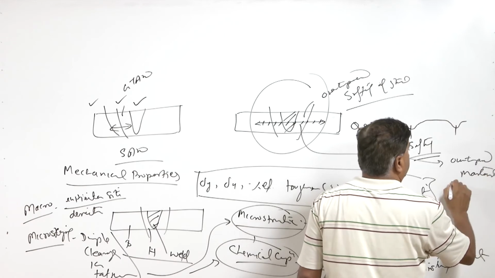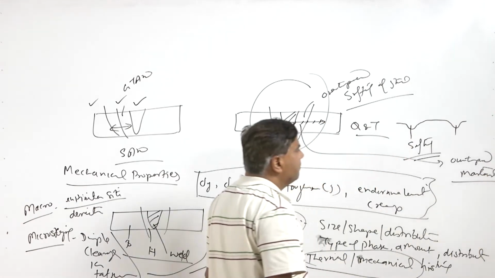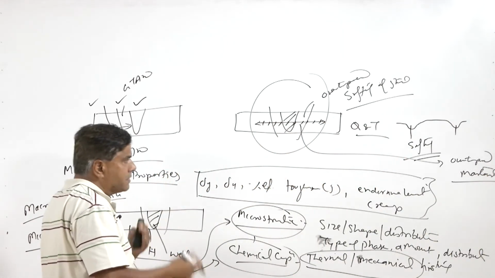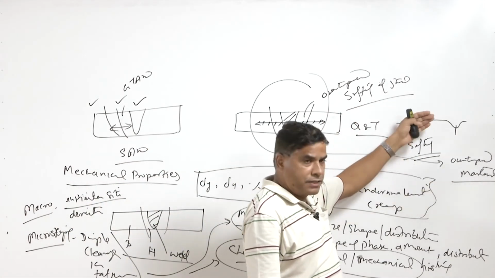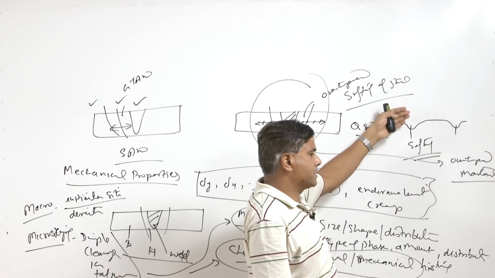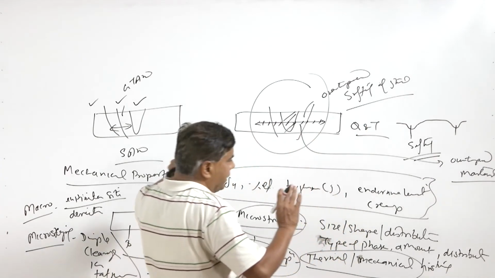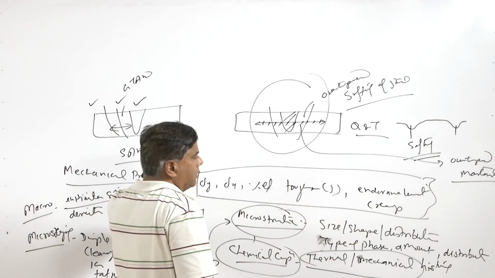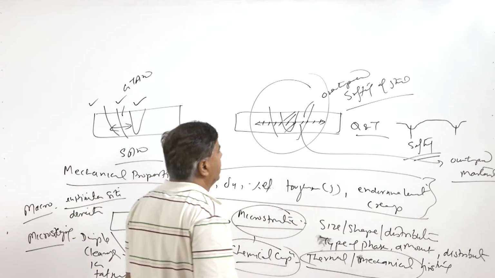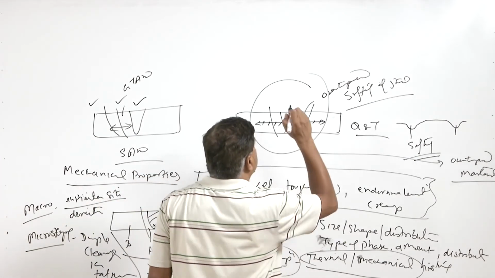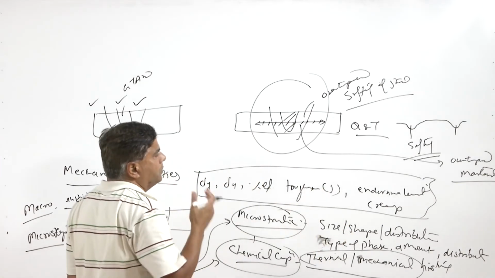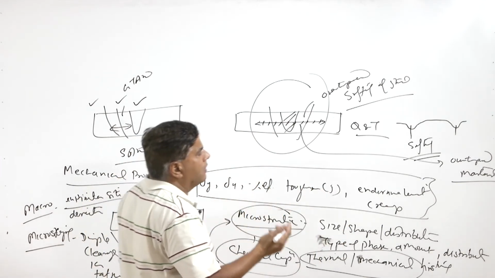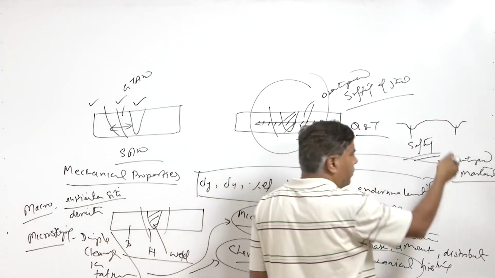Over tempered martensite will further substantiate the reasons for the reduction in hardness values, or the softening of the steel in the heat affected zone. This is how we can support our findings.